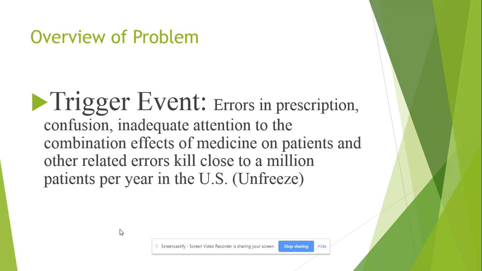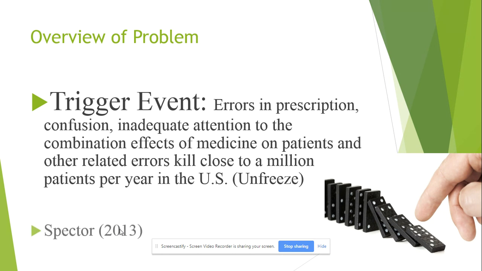So the overview of the problem, the trigger events. Errors in prescription, confusion, inadequate attention to the combination effects of medicine on patients, and other related errors kill close to 1 million patients per year in the U.S. This is what we refer to as the unfreeze stage.